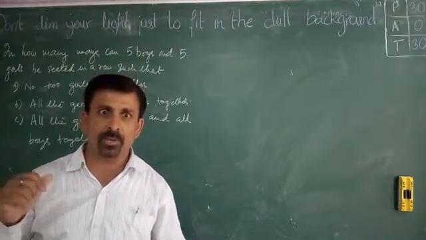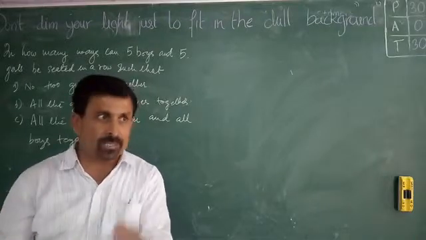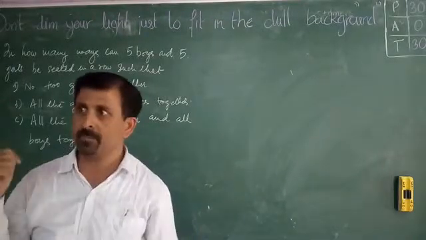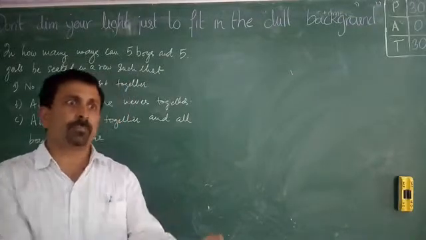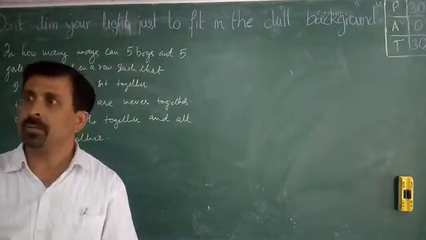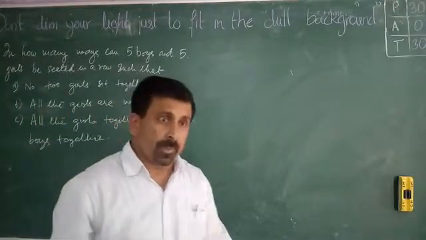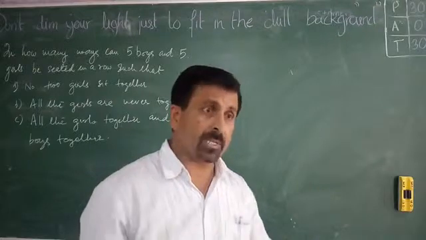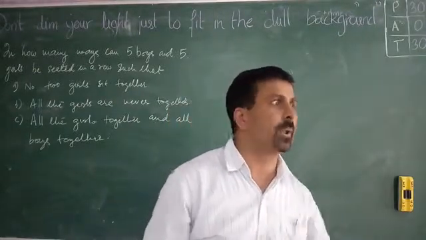So in this question also we are going to do the same activity. We will first fix the position of, maybe, the boys, and then we will fix the position for the girls. First we will fix the position of the boys. And after fixing the position of the boys, when I do the calculation for the girls, I will increase the number of places by 1.